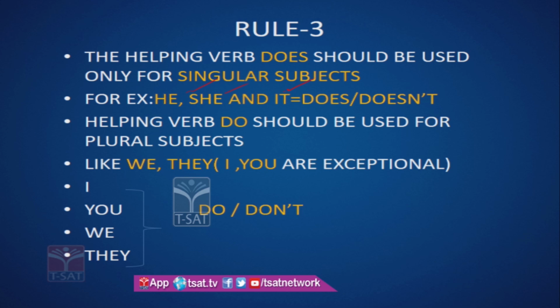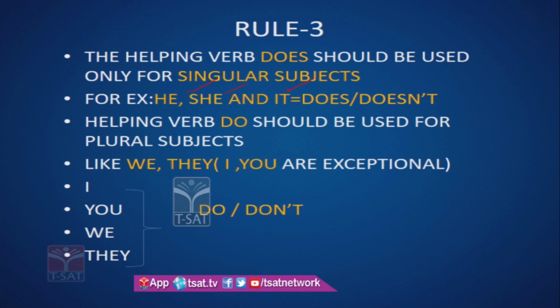He does his work regularly. She does her work neatly. She comes to school regularly. It works. It does not work. So you have to remember that "does" and "doesn't" should be used with the subjects he, she and it.